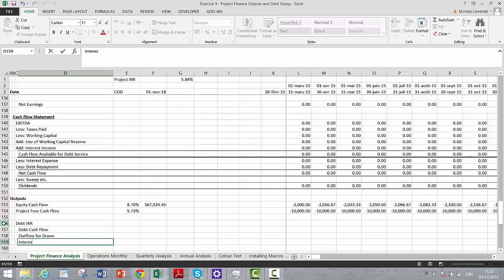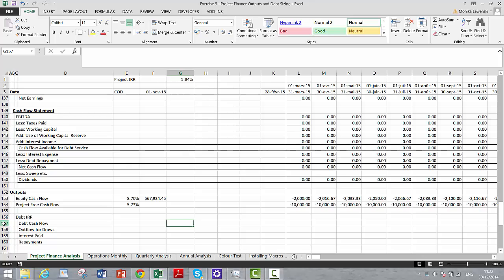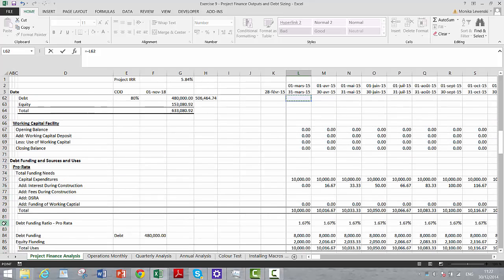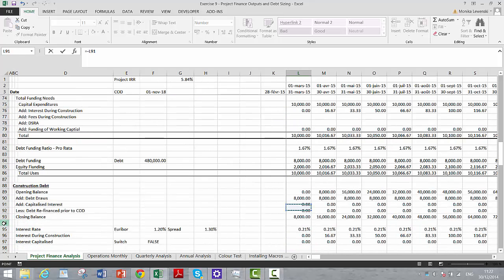Interest paid, not interest capitalized during construction, interest paid. And then we can put repayments. So let's see if we can get the outflow for the debt draws. I'm going to state that as a negative. And remember, we put it in the debt funding and also in the construction debt.